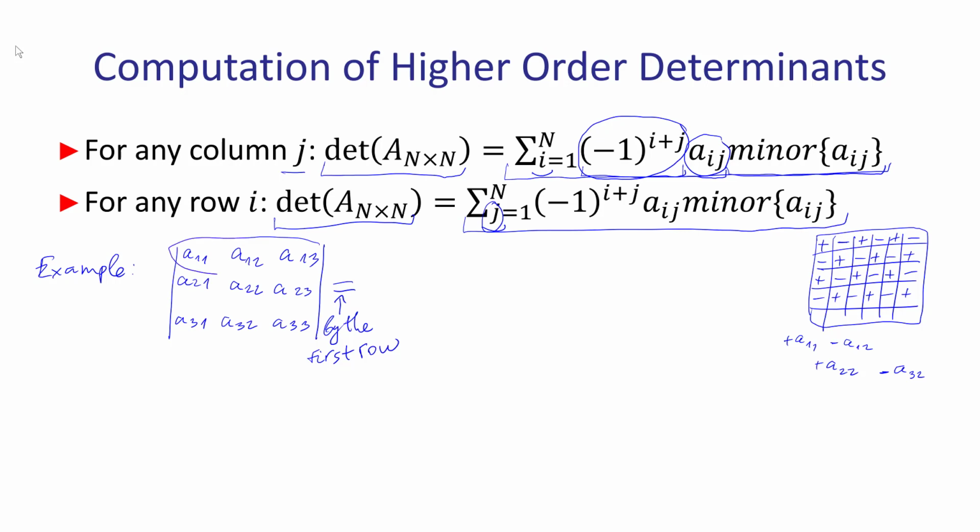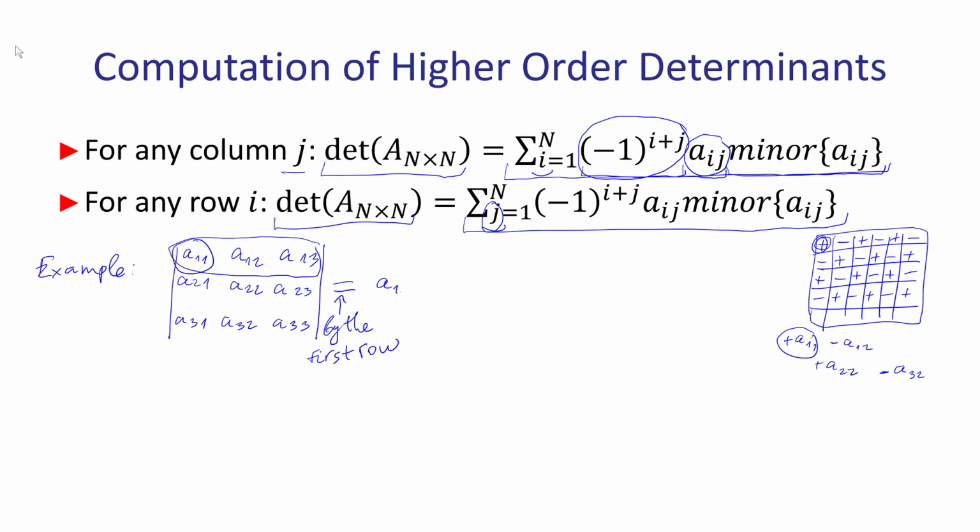So let's pick this one. I will show you later why it's convenient to pick one or another. So we're developing by that row. All we need to do is to take the first element on that row, A11, with the appropriate sign, and A11, as I said, is always coming with the sign plus because this is sitting here.